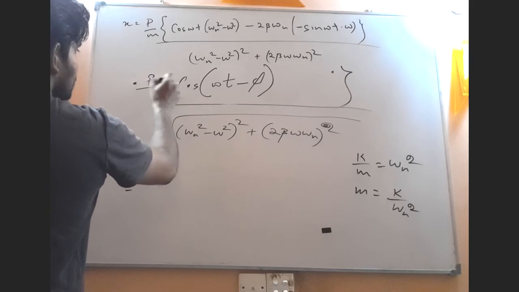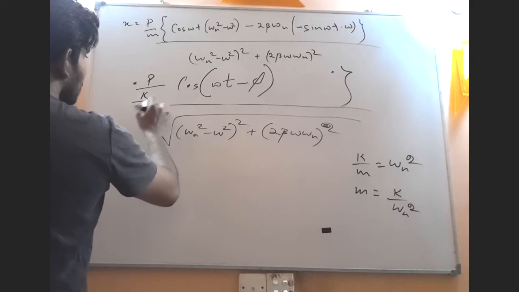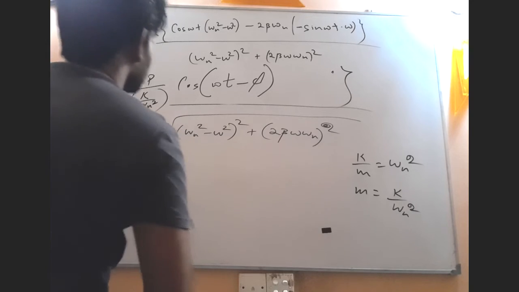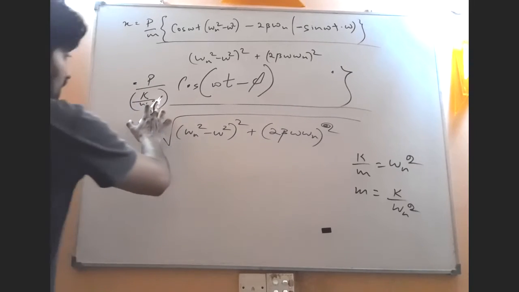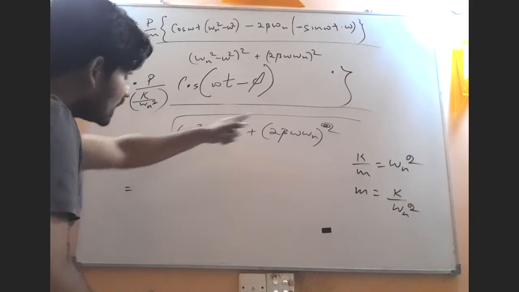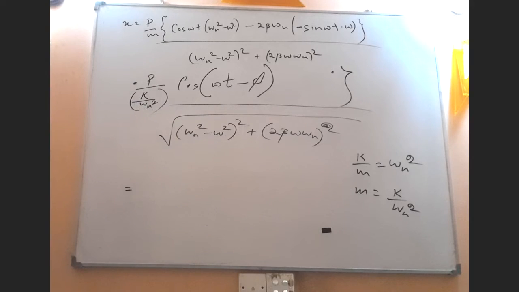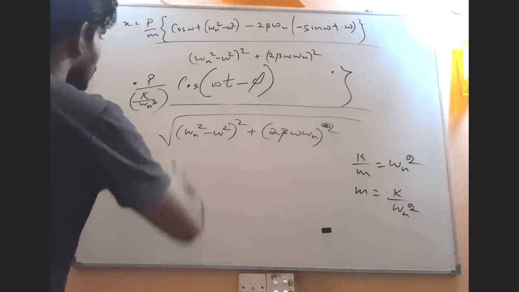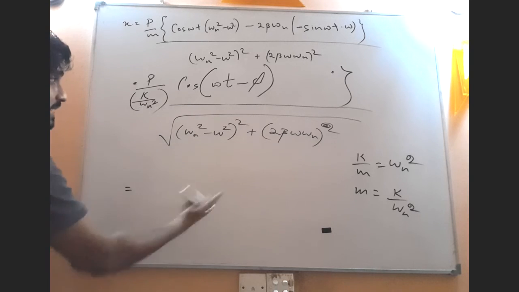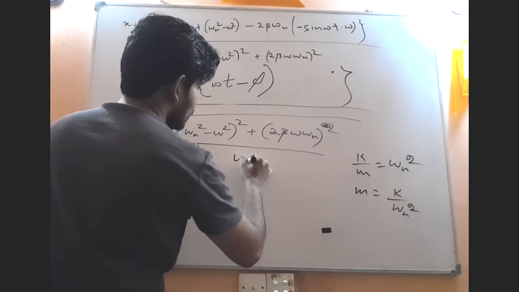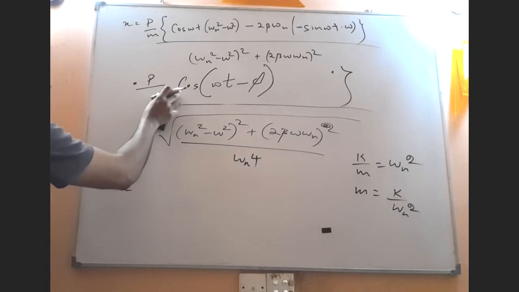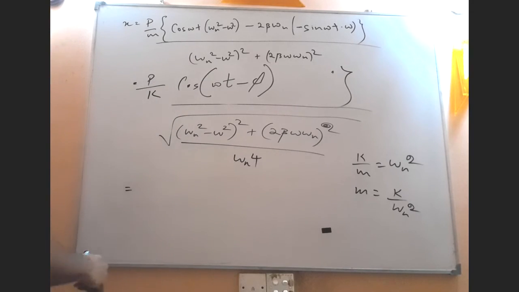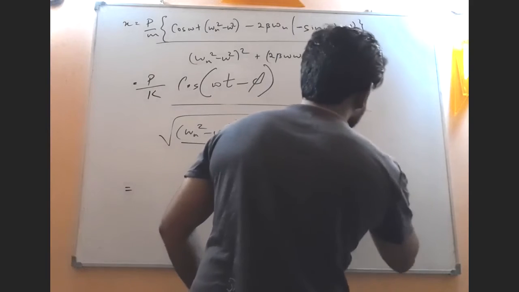P divided by k divided by omega n squared. So this omega n square part you can include inside the square root by omega n to the power 4. Then here you will be getting only p divided by k. Now shall we try to finish the simplification?